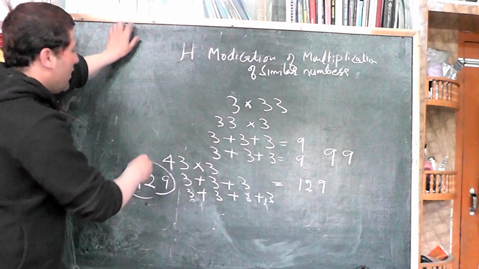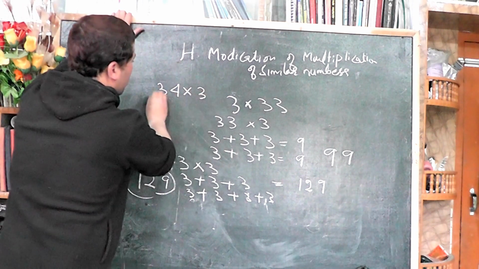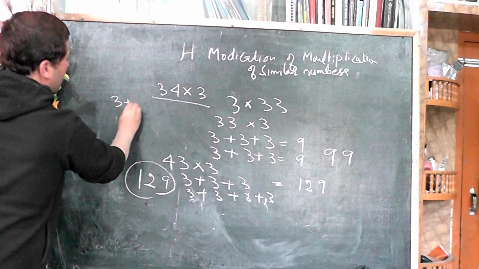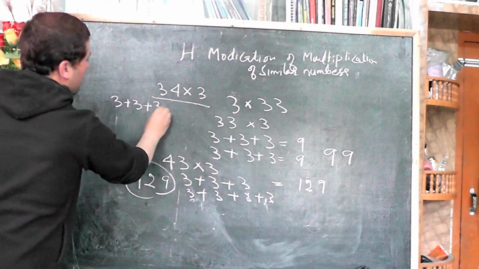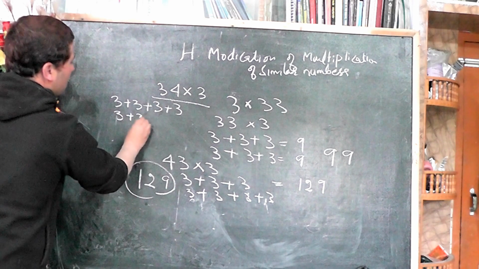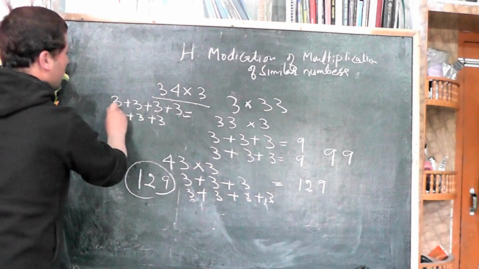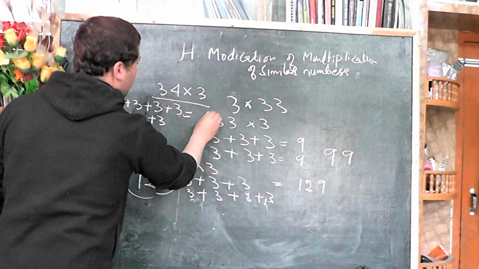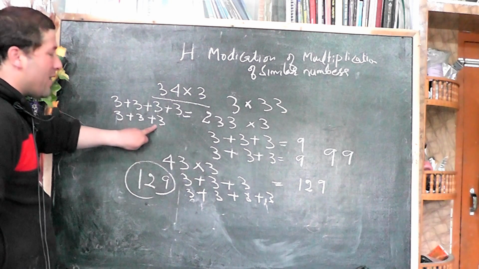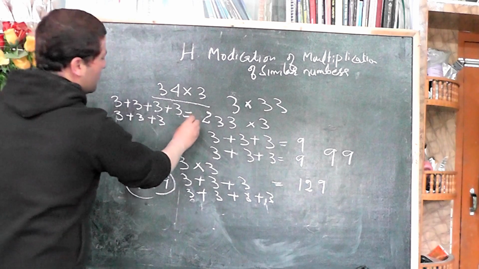Let's see if it's like this, 3 into 4 into 3. So first 4 times 3, that is 3 plus 3 plus 3 and plus 3. Then 3 times 3 plus 3 plus 3. Now the result of the first is 12, so 1 will be carried and added to the second line. 3 times 3 is 9 and 9 plus 1 is 10.